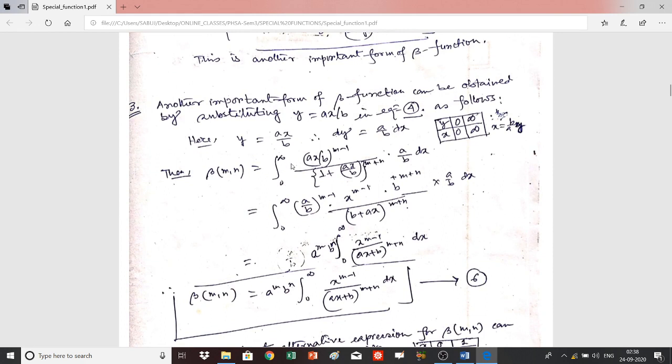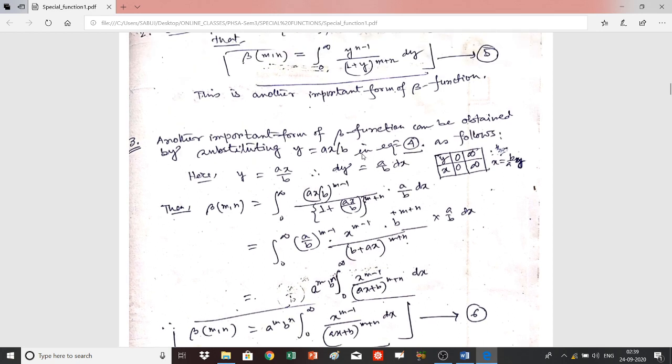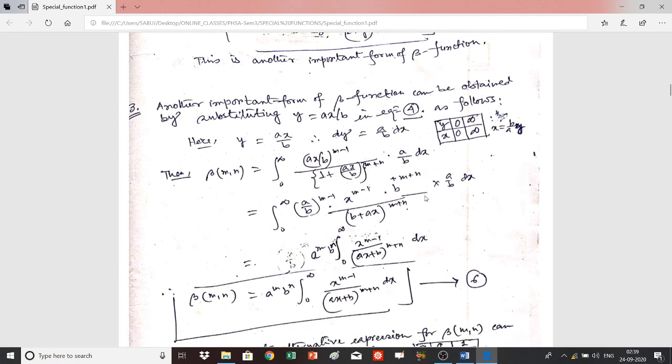Now y to the power m minus 1, so (ax by b) to the m minus 1, then by 1 plus y, that means (1 plus ax by b) to the power m plus n, and then dy. Oh sorry, in this case we have taken y is equal to this, so here the value of y and dy will be here. So dy is equal to a by b dx. It is written here.